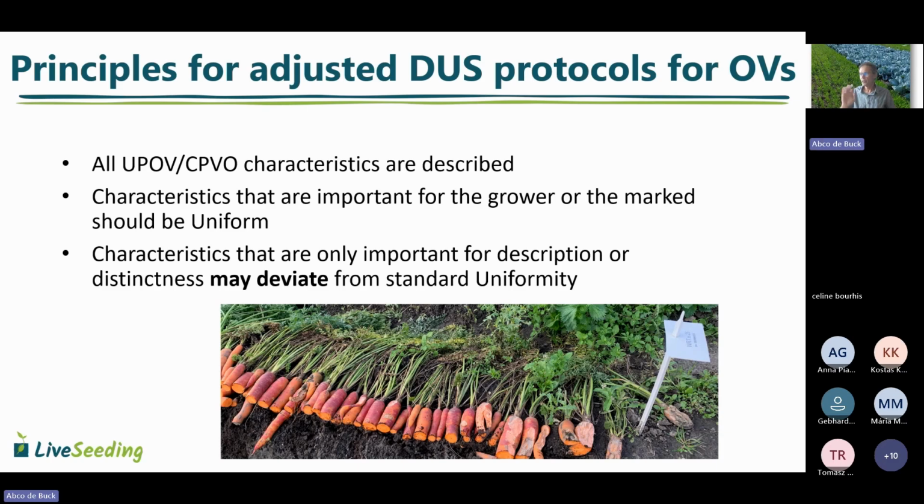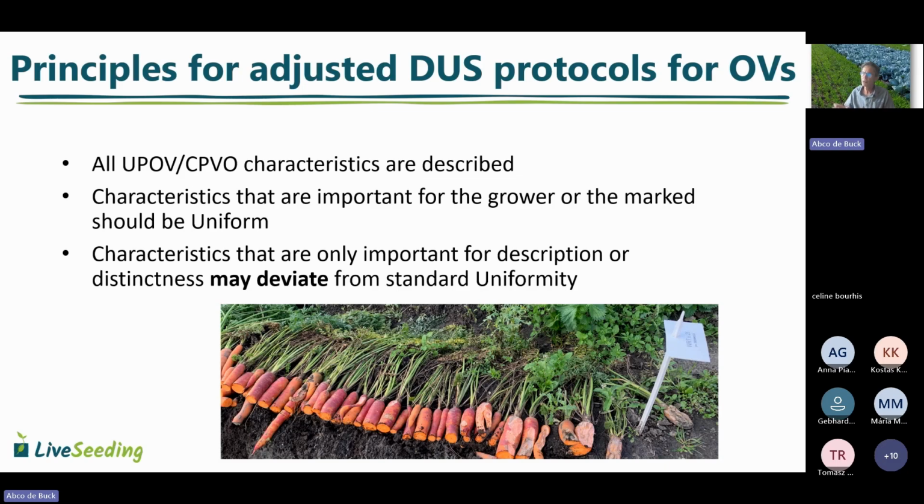And here you see carrots. For carrots, you have many F1 hybrids, and still there are some seed propagated varieties, open pollinated varieties, in the market. For the latter, by nature they have less uniformity than the F1 hybrids.